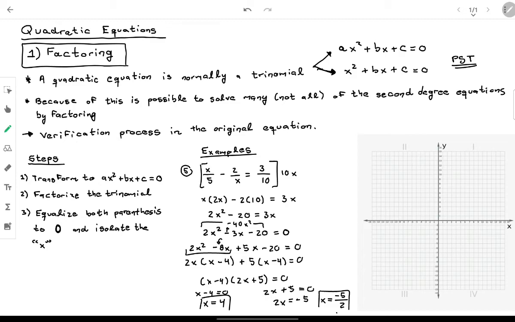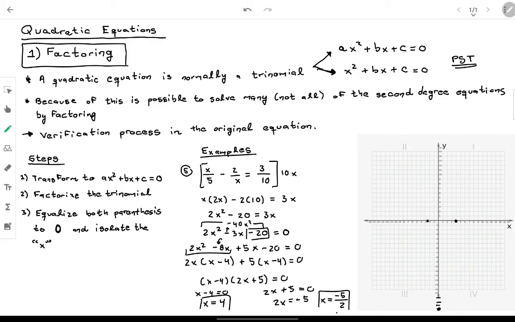What does that mean? Remember, it will cross the x-axis here when x has the value of 4. Minus 5 halves is going to be minus 2.5, so it's going to be exactly here also. So it crosses here. And in this case, the value of c is minus 20.